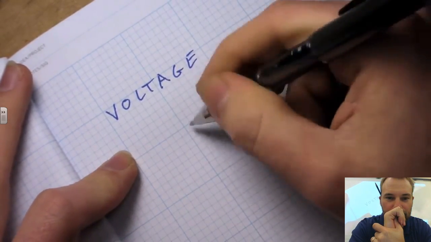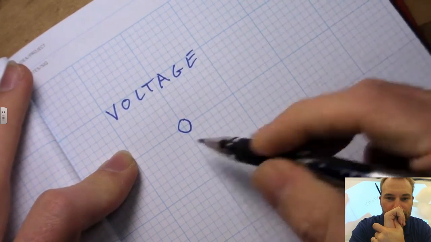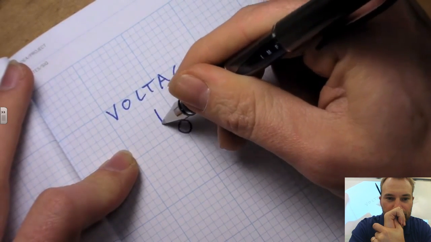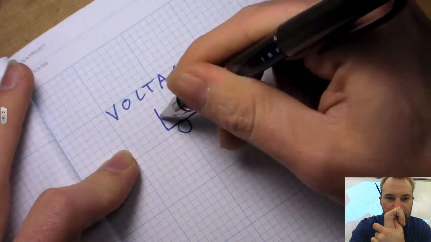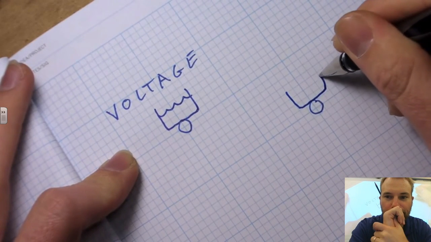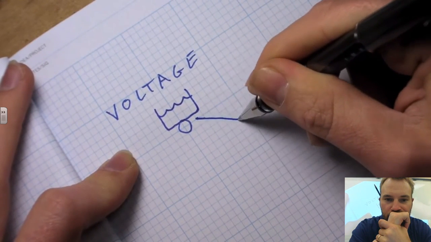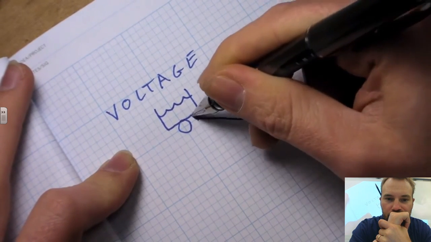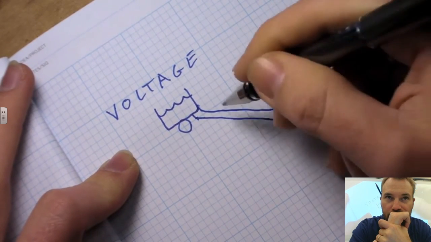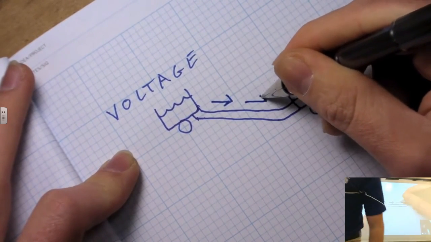If we have two points at different heights, water at one point and water at another point, if we connected those two with a pipe, water would flow from the higher point to the lower.